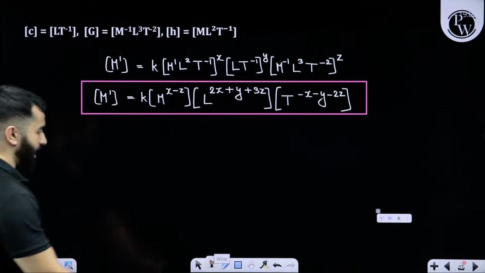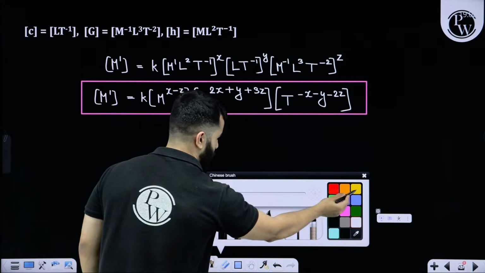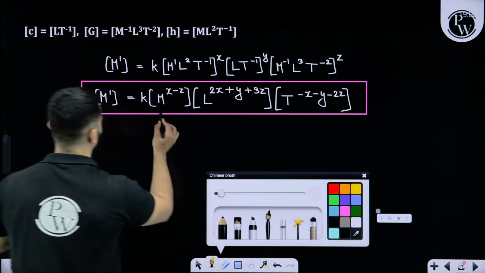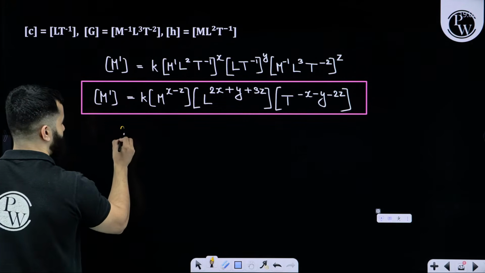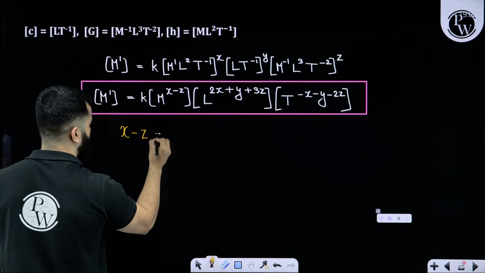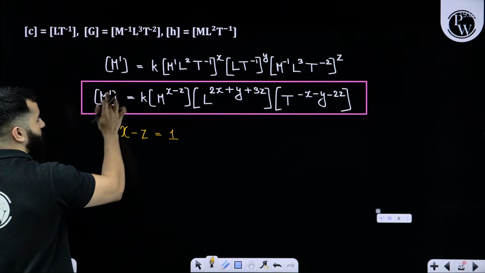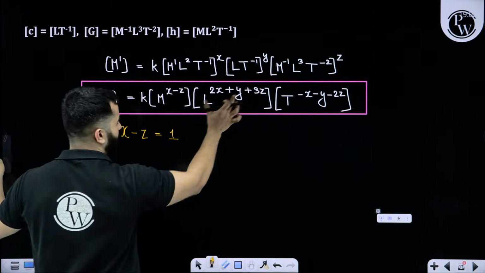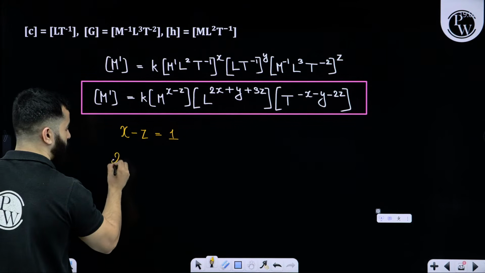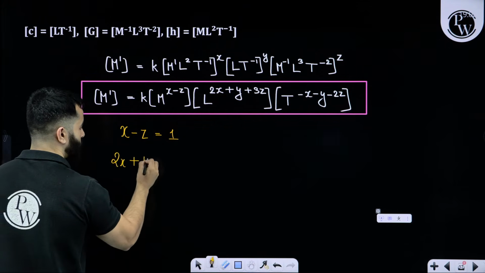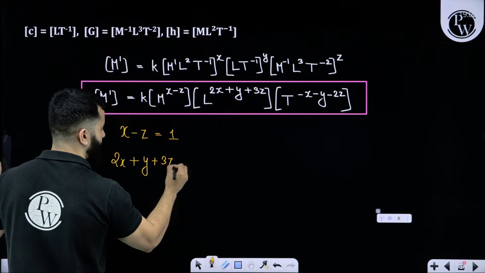Clear? Done. And after this, let's compare them. So when we compare, for mass, x minus z is equal to 1. You have got m raised to the power x minus z and m raised to the power 1.